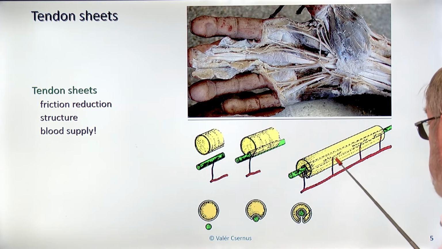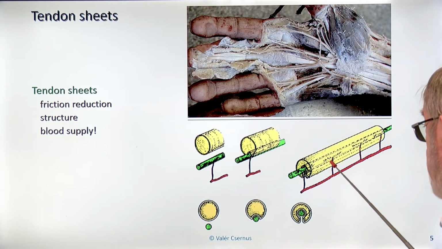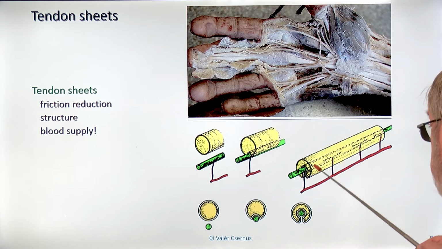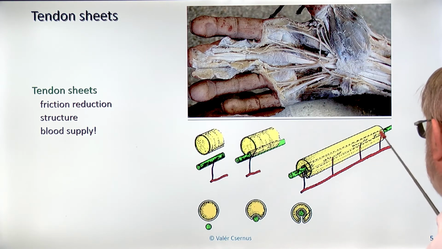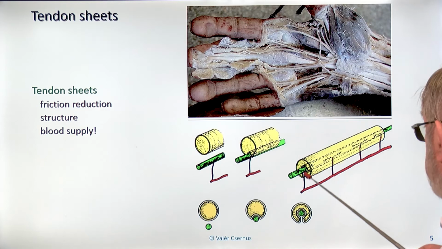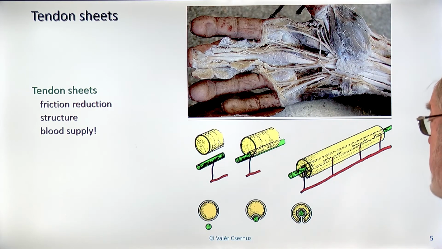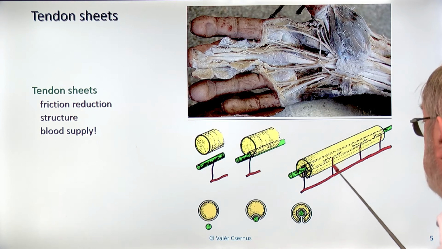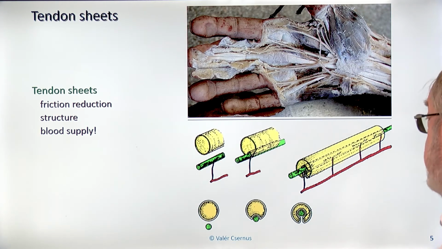It's very important to understand the blood supply. The tendon never has an artery running along it, but various segments of the tendons get very tiny arteries. If you do a surgery around the tendon sheath, it is possible that you break one of these tiny arteries.